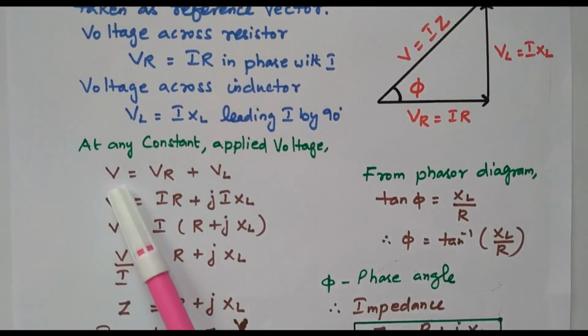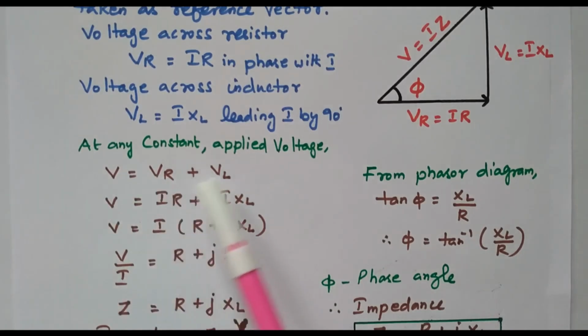The total voltage V equals VR plus VL, the voltage drop across the resistor and inductor. So V equals I into R plus j I into XL. What is this j? The j operator represents that the voltage is leading the current by 90 degree.